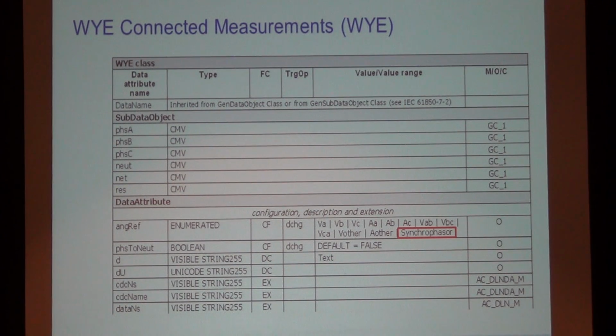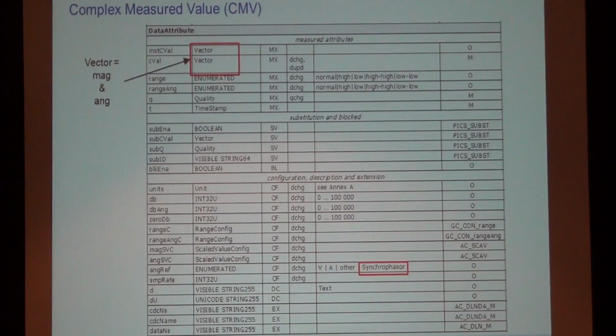So here's the common data class for Y-connected measurements, phase-to-ground measurements, with phase ABC designations. They're complex measured values. You have angle references that are represented here, which could be based on synchrophasors. A complex measured value consists of a vector, not just a magnitude, but a magnitude and an angle.